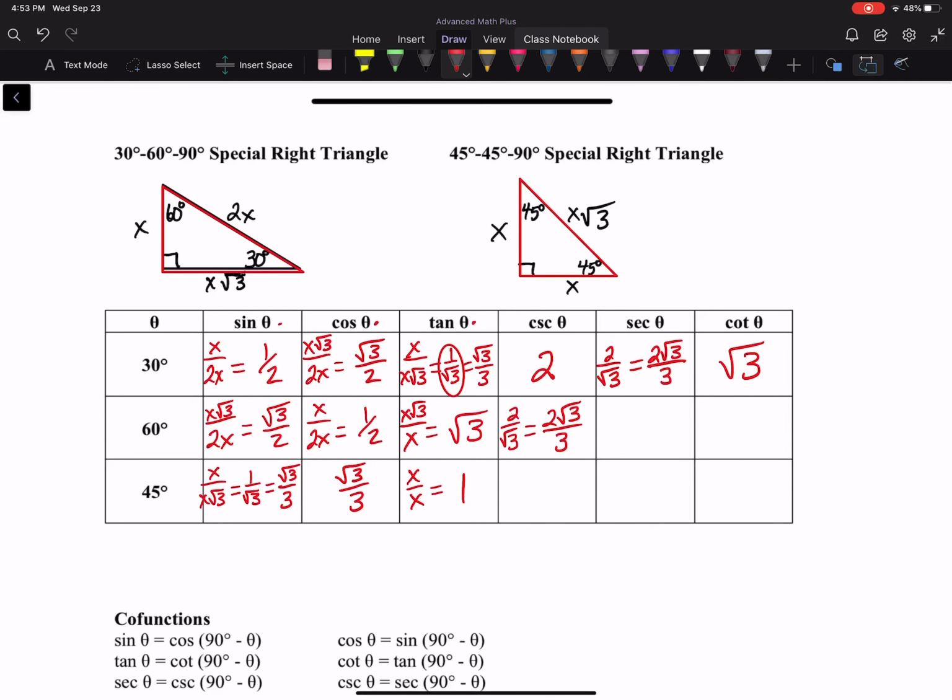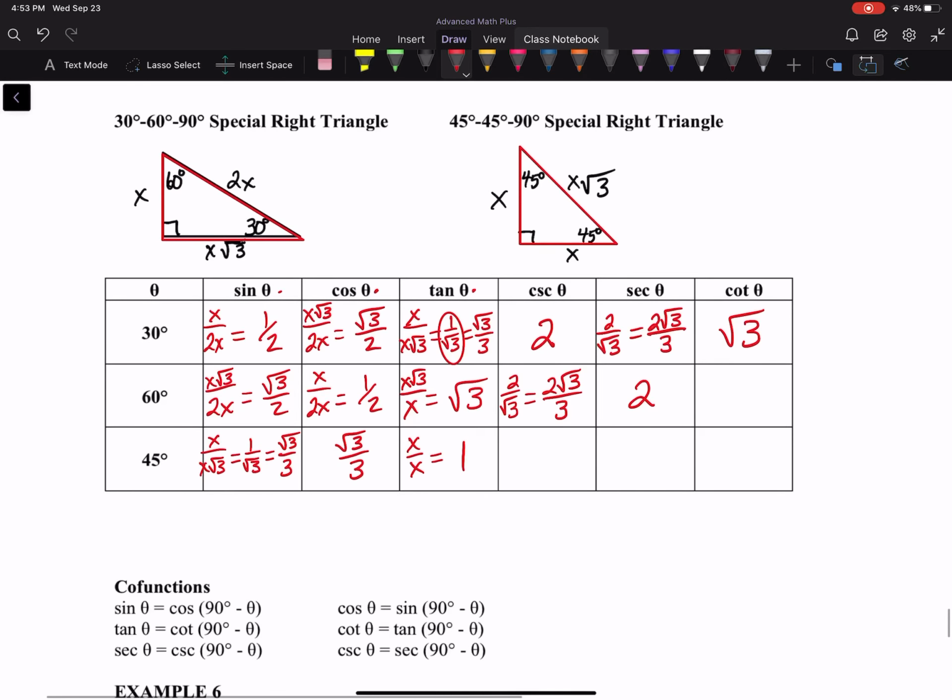For secant, I'm going to look at cosine. So the cosine of 60 was 1/2. So the secant of 60 must be 2. And finally, the cotangent, I'm going to look at tangent. The cotangent will be 1 over the square root of 3, which we'll reduce to, move it to the top, take the square root off the bottom.